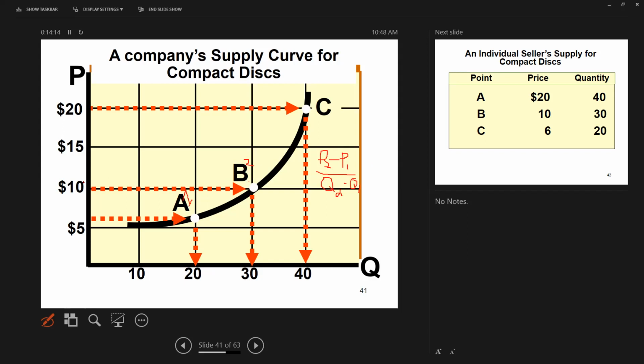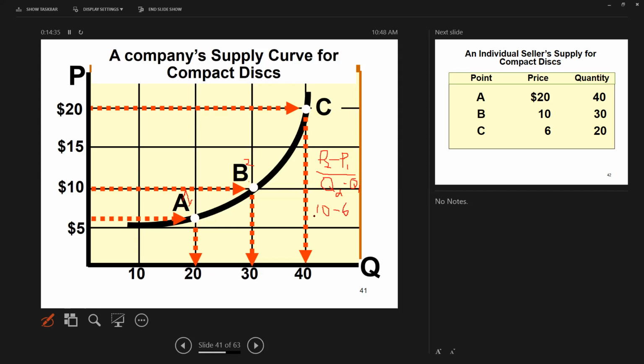So this is point 2 here. And we look over here and see that at point 2, the price is $10. So I've got $10 minus the price at P1. P1 is $6. It looks like 5, but it's 6.